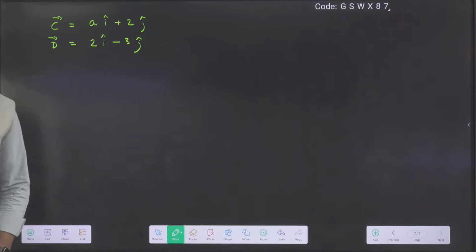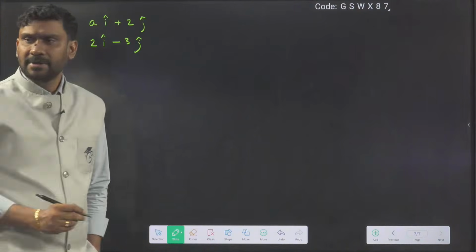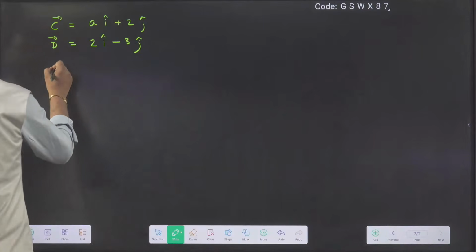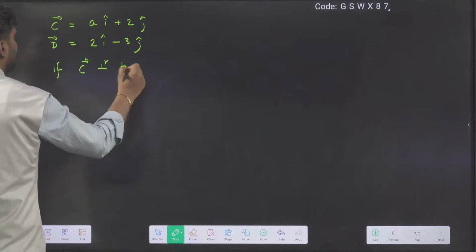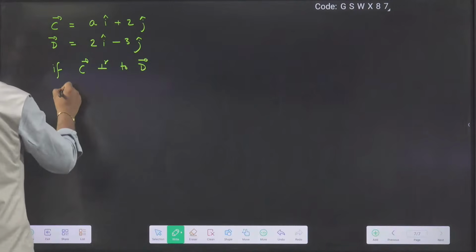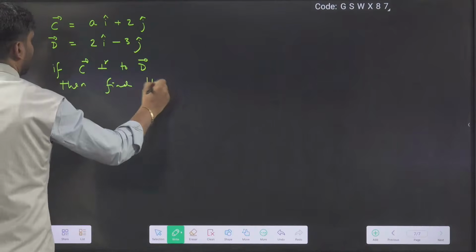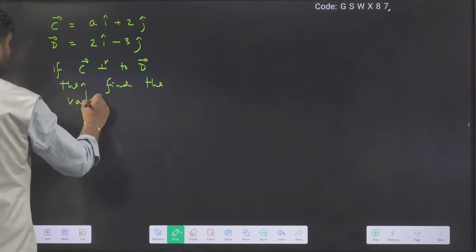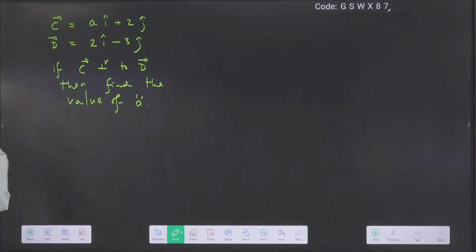C vector is equal to a I cap plus 2j cap and D vector is equal to 2I cap minus 3j cap. Correct? So question given, if C vector is perpendicular to D vector, then find the value of A. Please do it quickly.